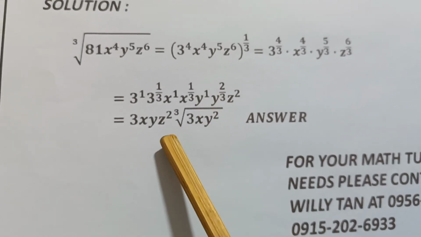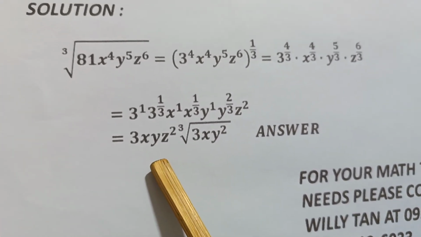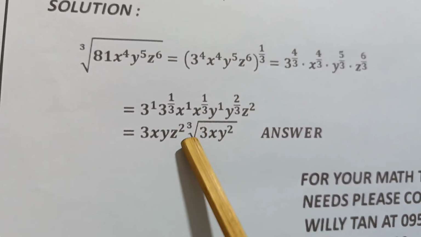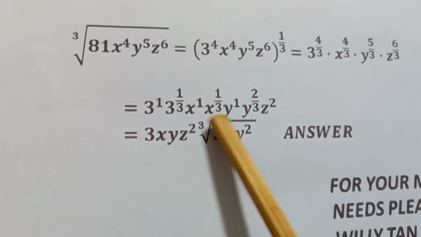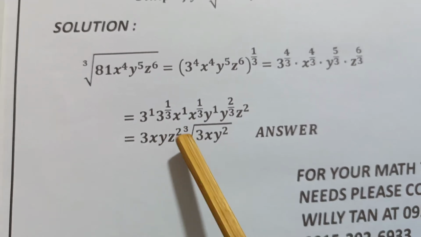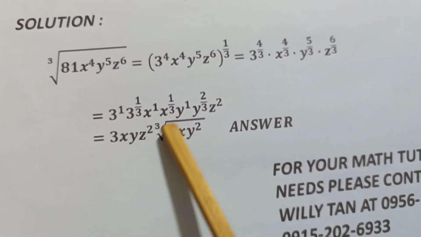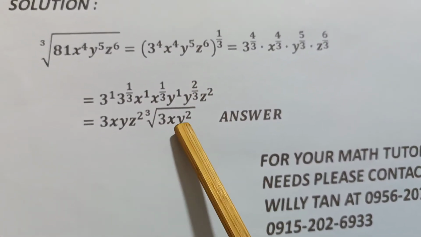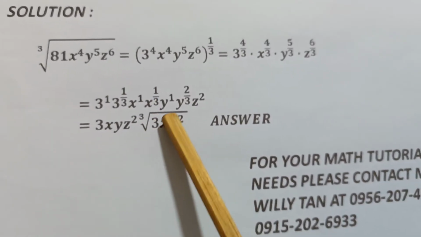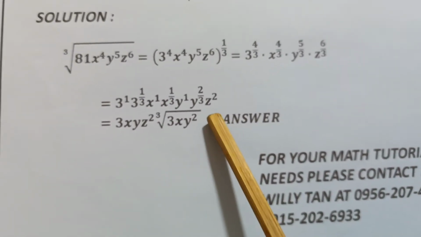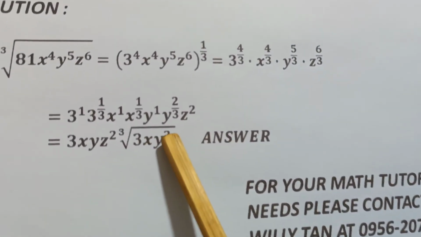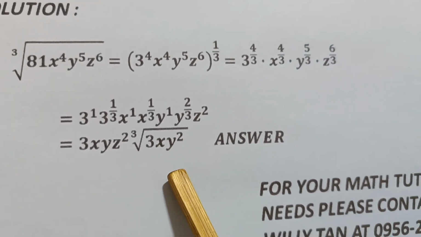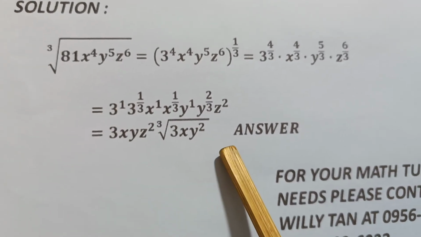And y to the 1 is equal to y, and z squared is equal to z squared. And the fractional part is 1/3. So all of these fractional exponents of 1/3 will be equal to the cube root of 3xy to the 2, no? Or y squared, no? So this will be our final answer.